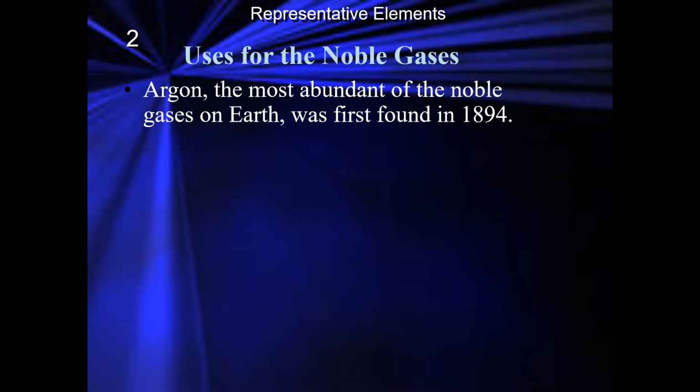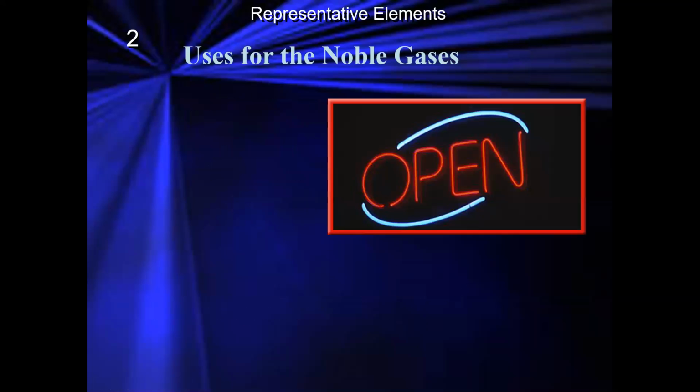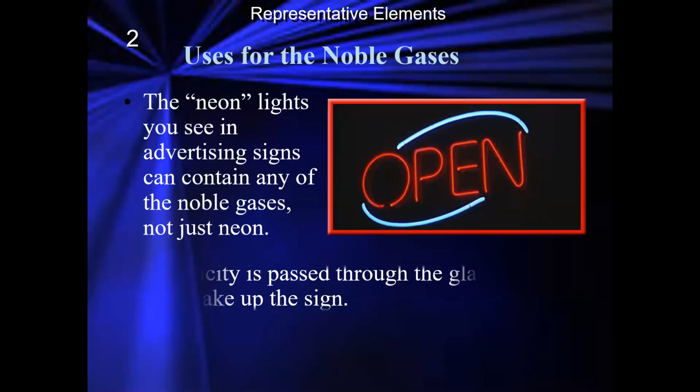Among the eight or nine noble gases, argon is the most abundant one. These are six noble gases, and the third one, argon, is the most abundant one.